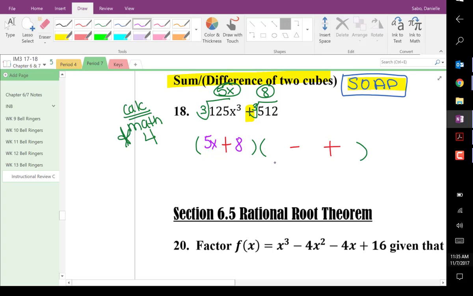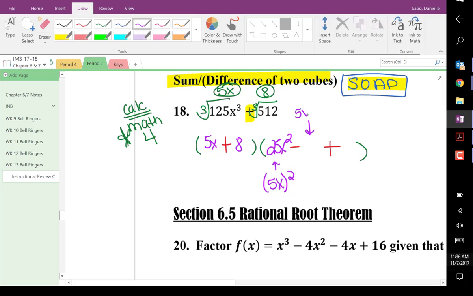For this first group, I have to square the whole thing. Well, what is 5 squared? 25. And then don't forget your x squared. 25x squared.